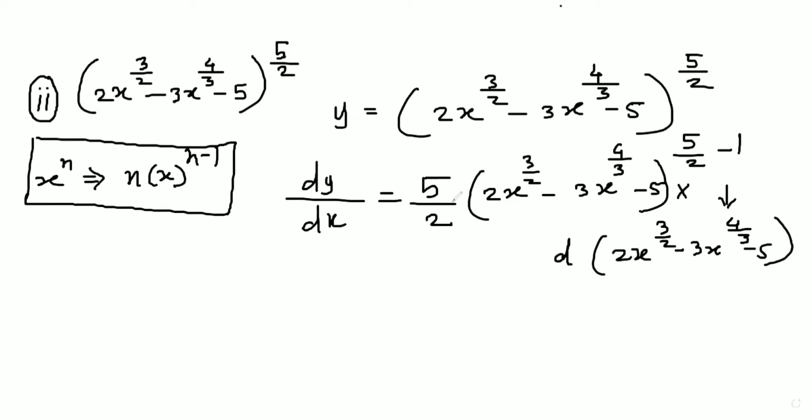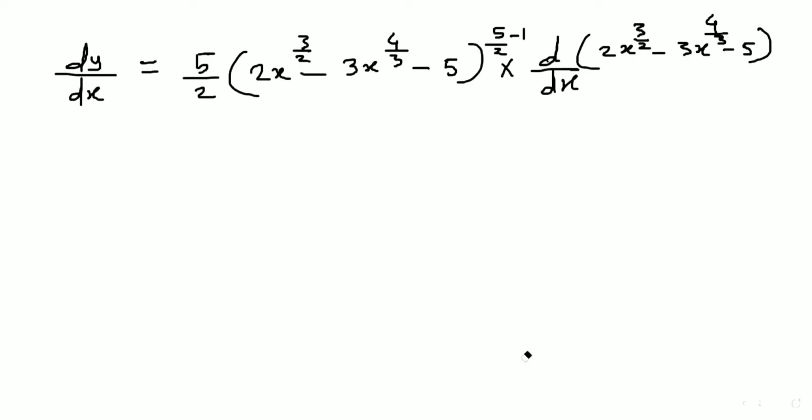Whenever we find a derivative of a given function, we apply the rule, and if a basic function is present inside, then we also find the derivative of the basic function along with it. Now the next step is 5 upon 2 into the function raised to 5 upon 2 minus 1 into the derivative of the given basic function with respect to x.